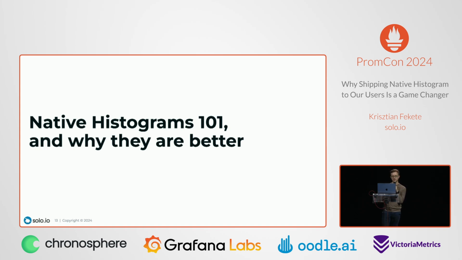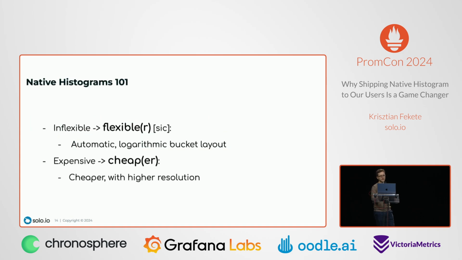Now let's take a look at how native histograms are better. They are more flexible. You have an automatic logarithmic bucket layout that will try to take the shape of your traffic, if it's traffic, or just the shape of observations coming into your application. So that's already nice. And it's cheaper.